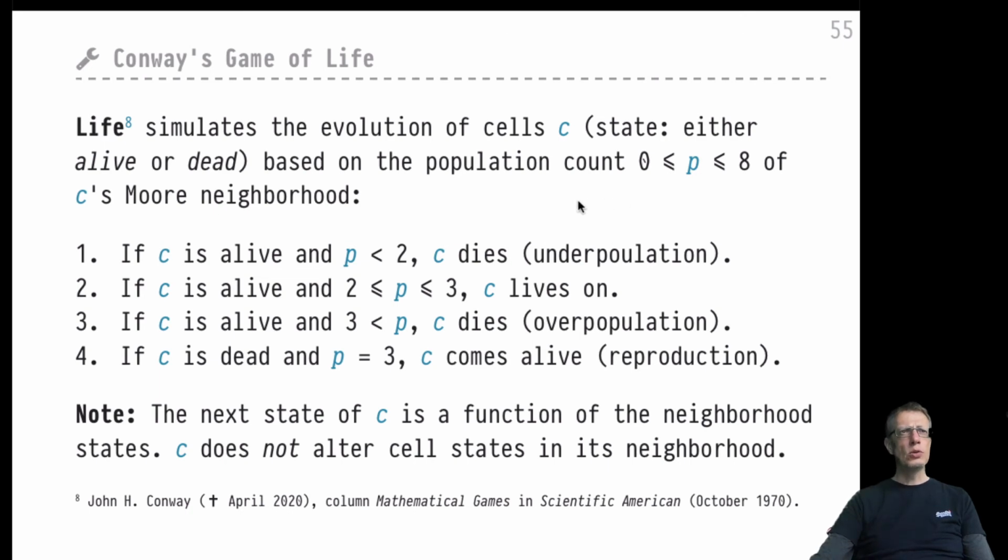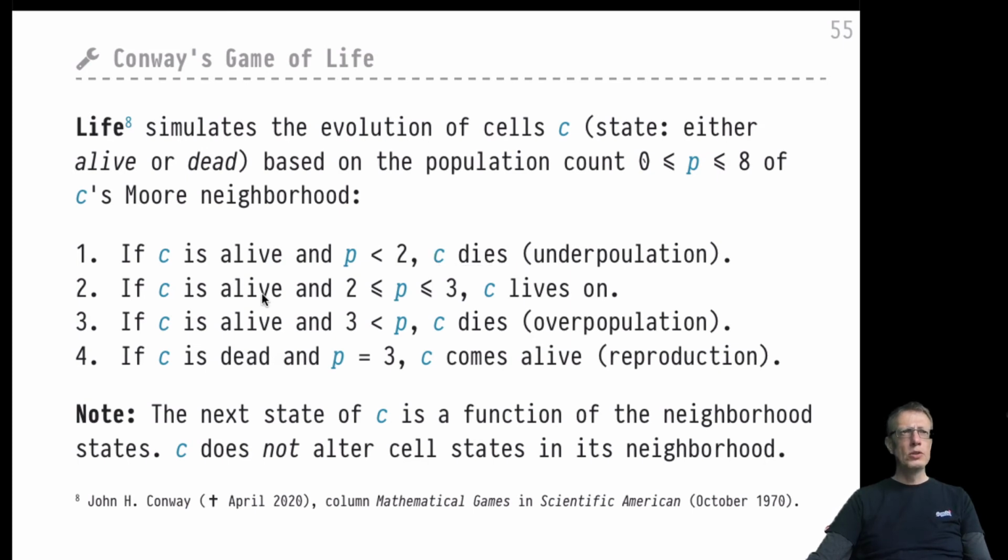So let's see, if our cell C currently is alive and there are less than 2 alive neighbors in our neighborhood, then C dies from underpopulation. A solo C that is surrounded by too few alive neighbors would die from underpopulation. So the next state of our cell C in the next generation would be 0.